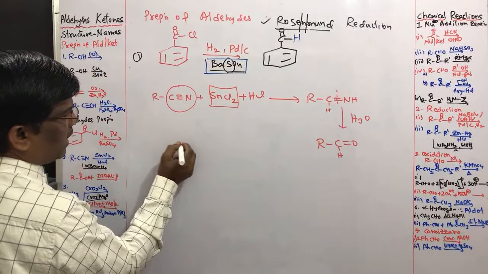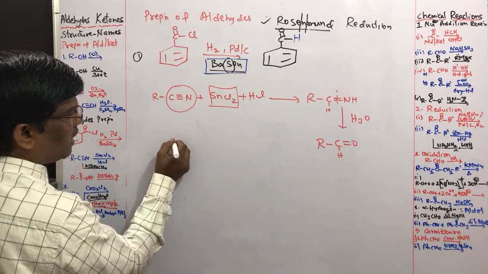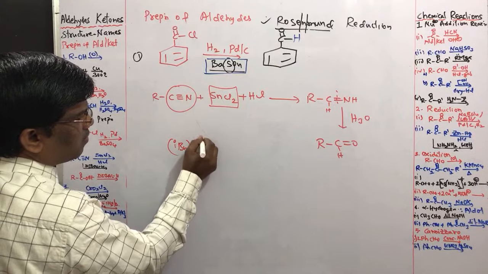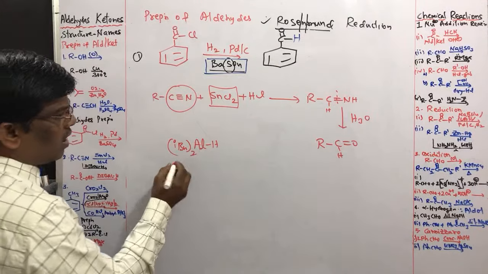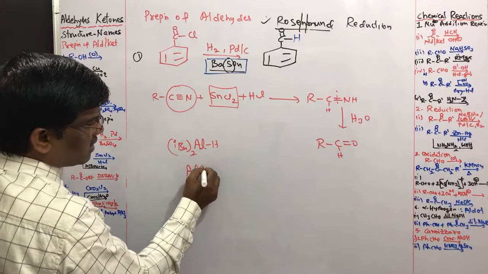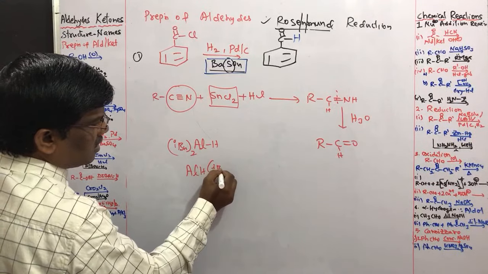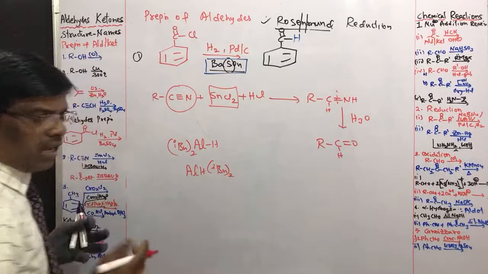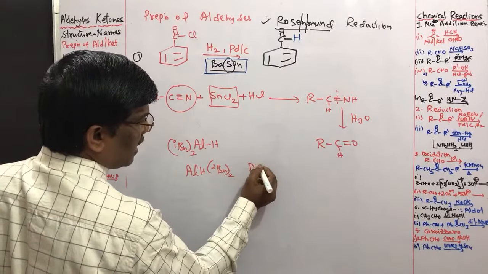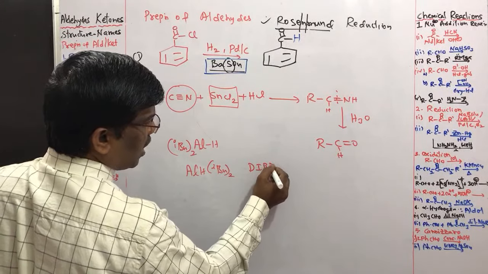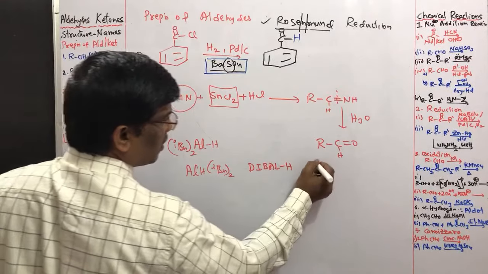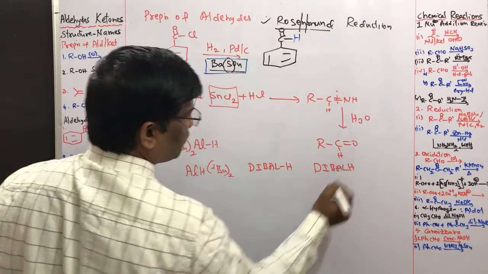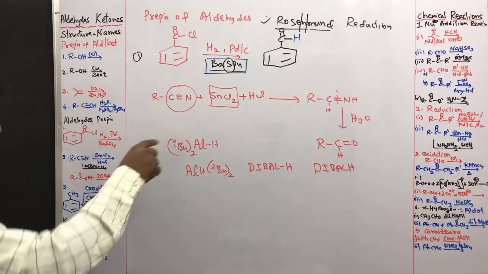It can be written as diisobutyl aluminium hydride, or you can get it as like this. The representation is important, students, because you may get it in exam in any form, or you can write it as DIBAL-H, or you can get it as DIBAL H, no space.